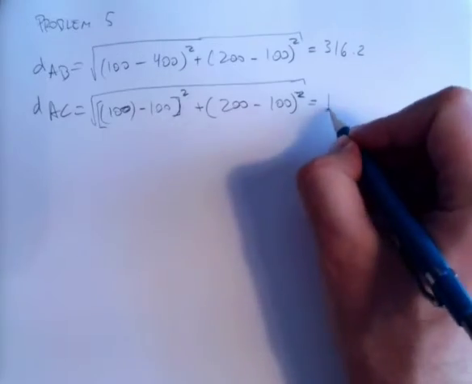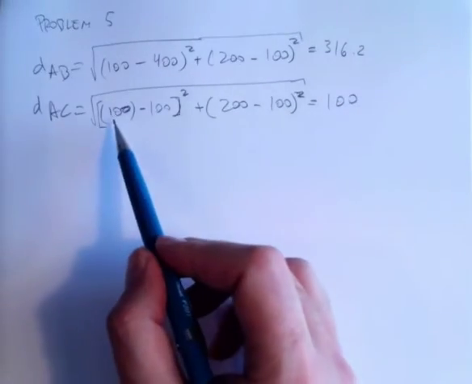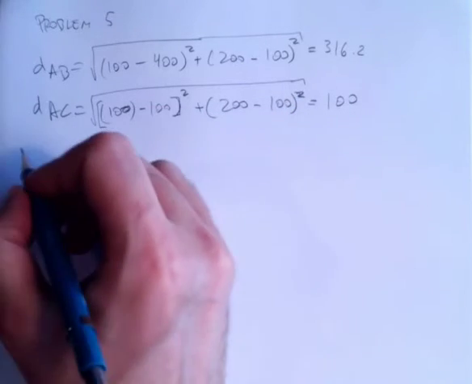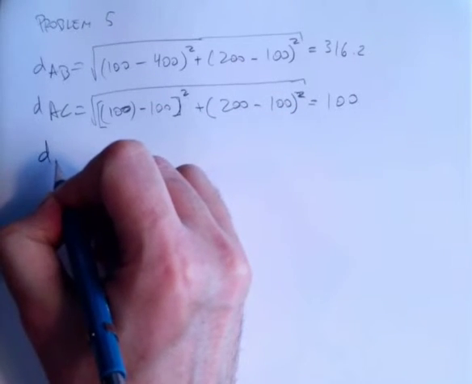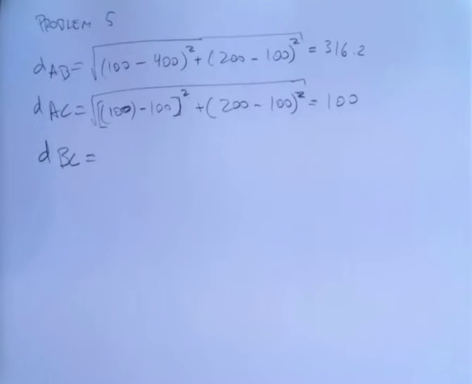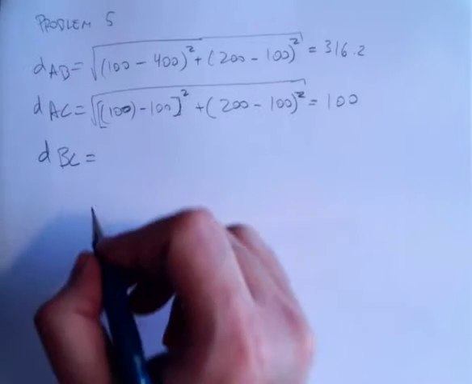And that'll be 100, because basically this is 0, right? And that's a square, 100 squared, and then square root of that. Then the distance between B and C, that's the last distance that I want. So xB is going to be 400.